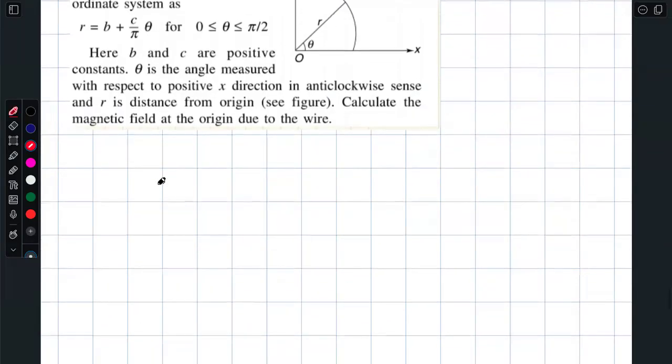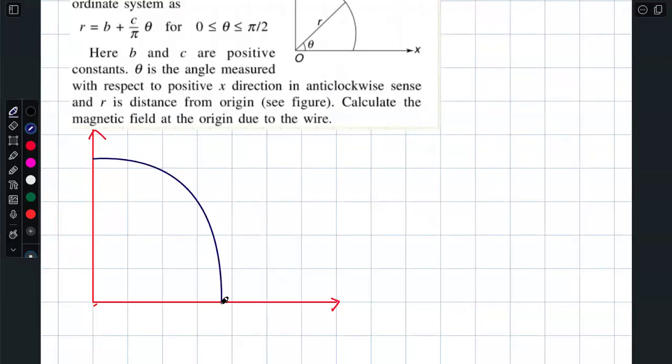For a while, I'll try to arrange the same thing. Imagine the curve is like this. I'm just drawing some arbitrary shape. Don't take anything serious in that.